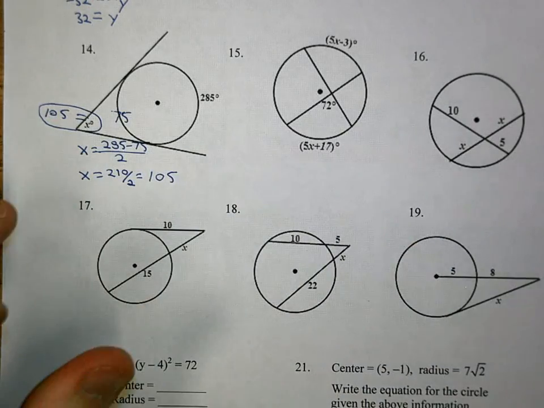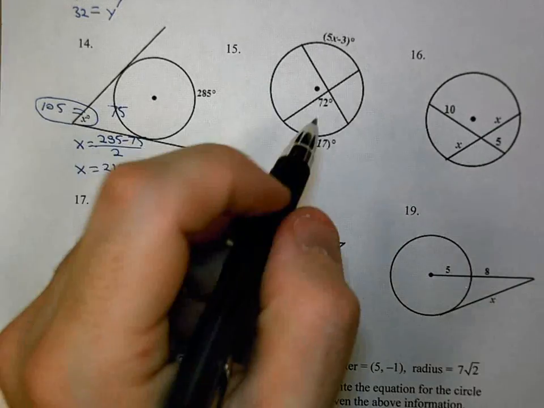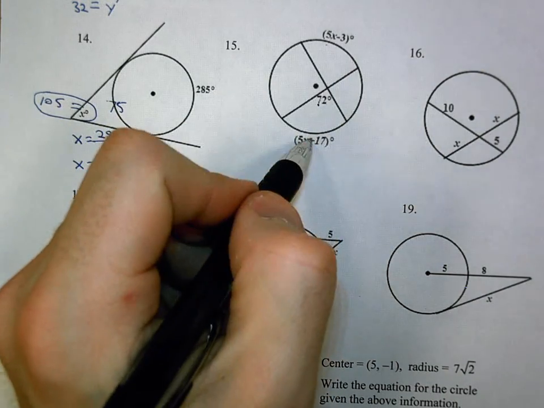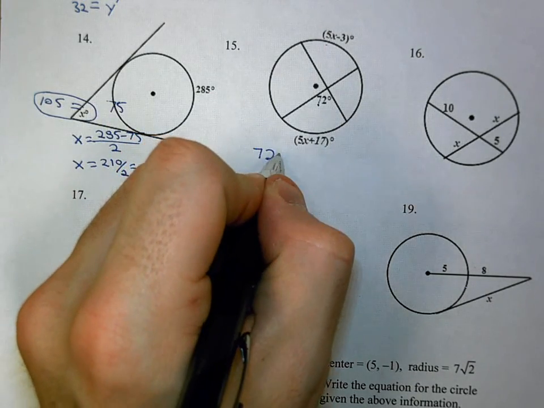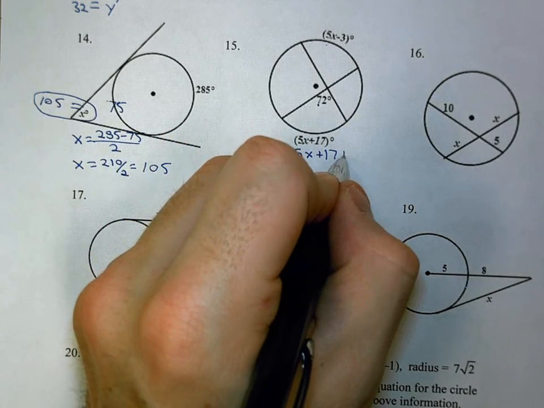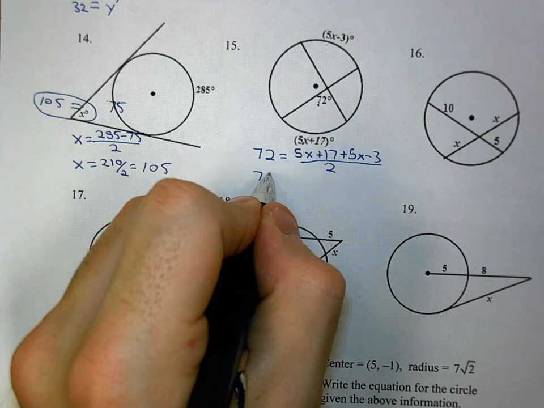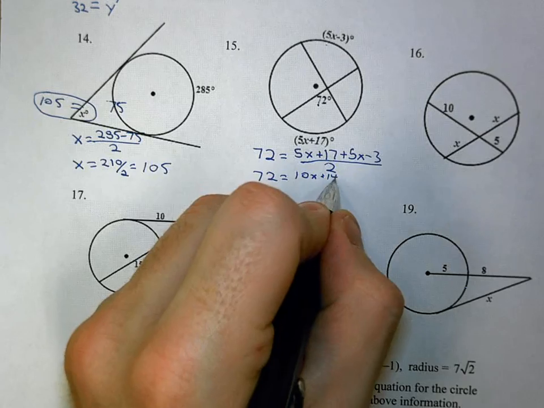Now for 15, I'm going to take this angle, add the arcs, divide by 2 to solve. So I'm not really solving for an angle now, I'm solving for x. This becomes 72 equals 10x plus 14 divided by 2.